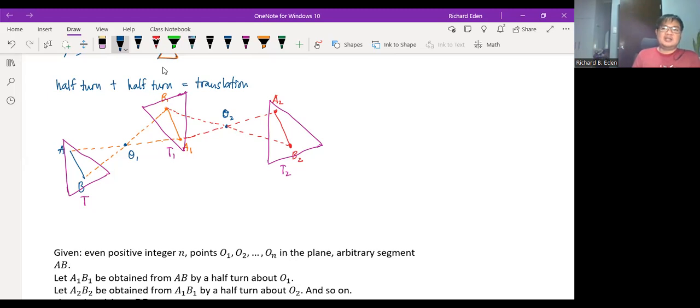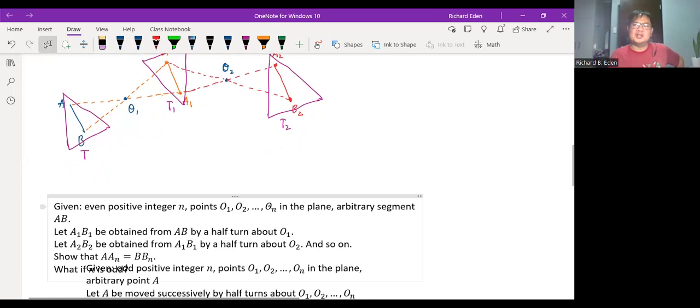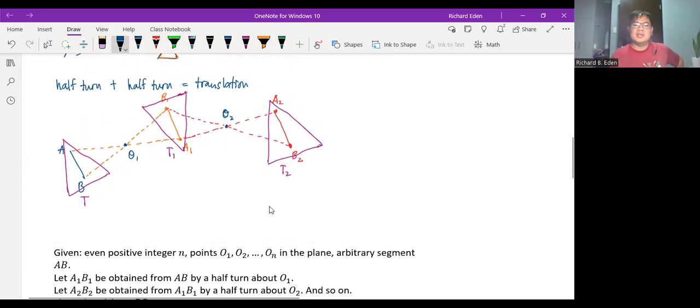However, if we're going to do in succession half turns, but there is an odd number of them, okay, then the result is, well, I suppose, so, let's say 7 half turns: 6 half turns plus the single half turn.